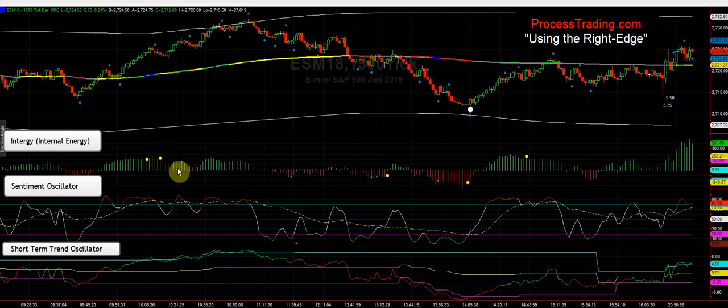And then more demand comes in. And all this demand here just absorbed all this selling and got even better prices. And then that same scenario, the shorts are guessing again here, trying to take it down, and they get caught again, and then it finally goes up to here.